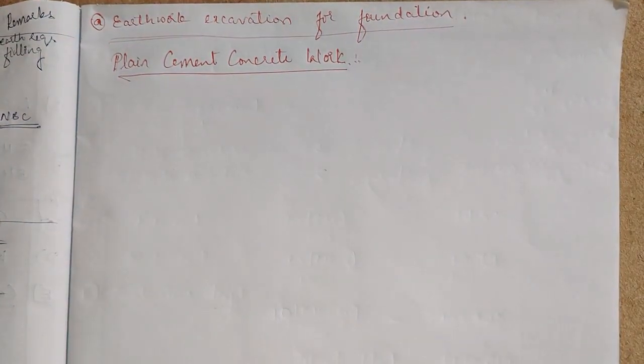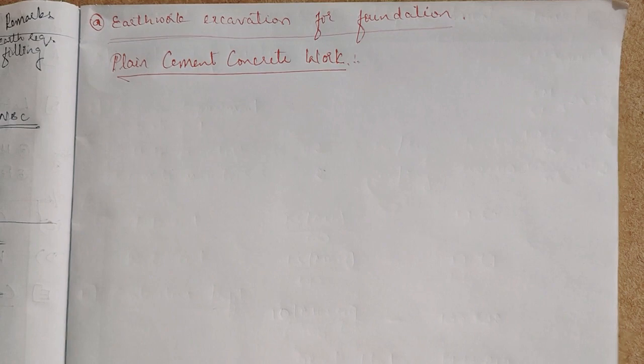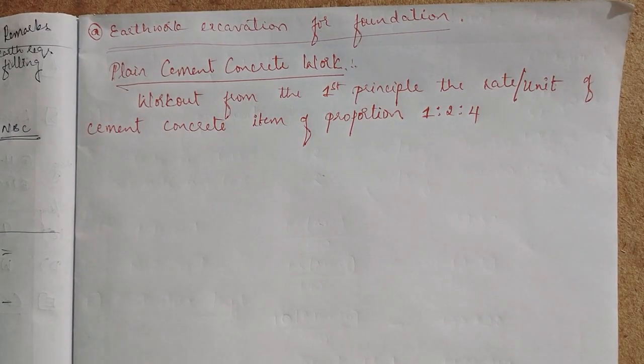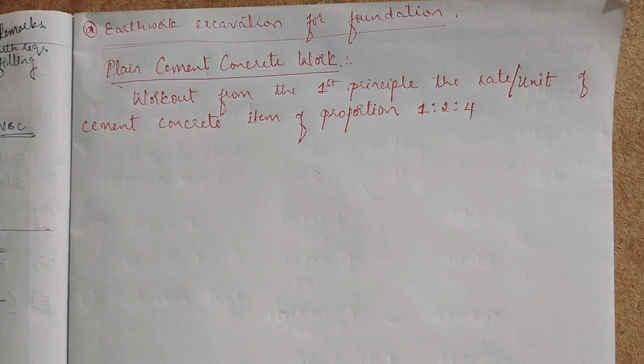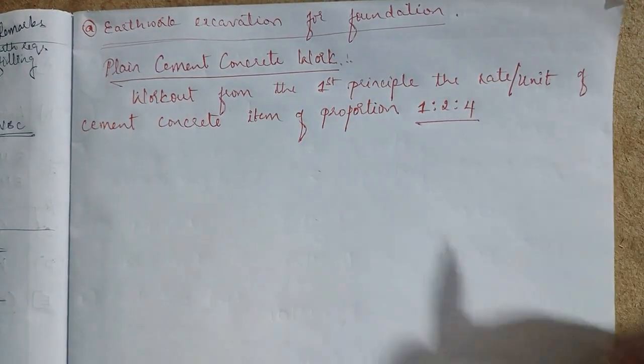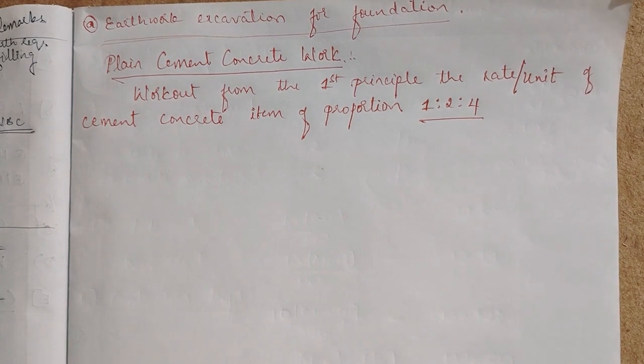So the question may be, work out from first principle the rate per unit of, I'll write down the question and I'll let you know. So the question they have given is, work out from the first principle the rate per unit of cement concrete of proportion 1:2:4. Okay, now we'll go step by step.